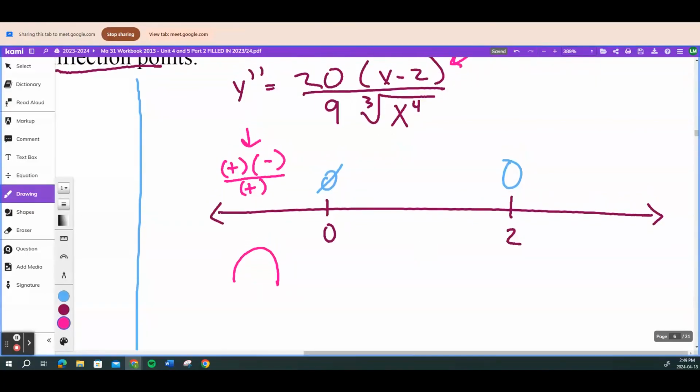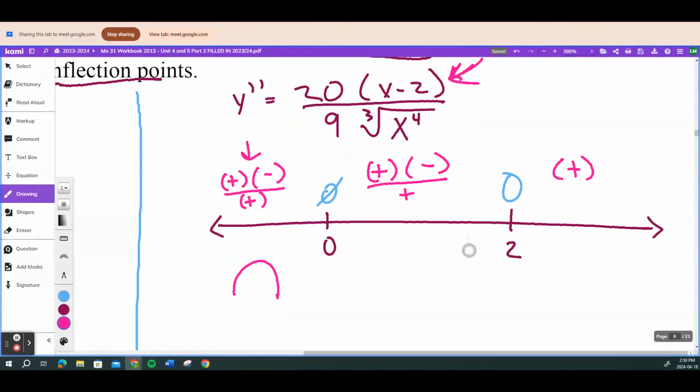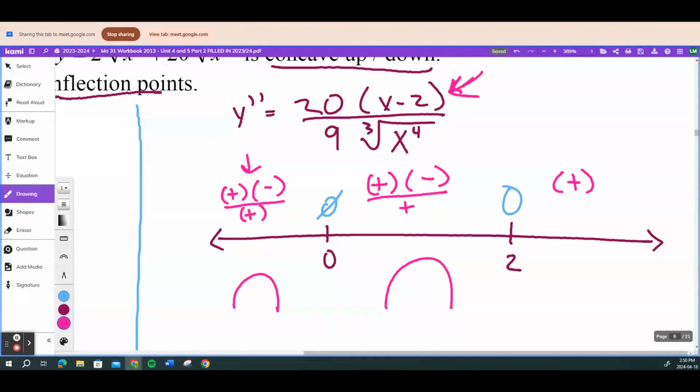For the next one, let's say I pick a point of 1. So 20 is still positive, and I'm going to put that for the remainder of them. This factor here is still going to be negative, and our denominator is still going to be positive. So again, we still have concave down. For the next section here, let's say we pick x equal to 5.